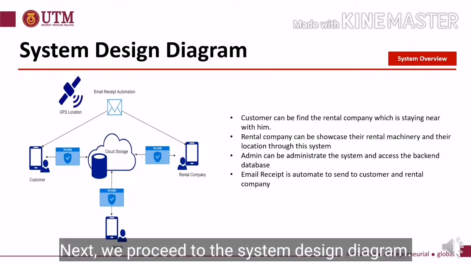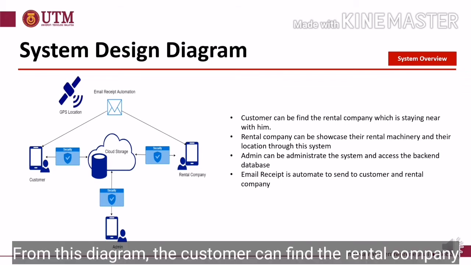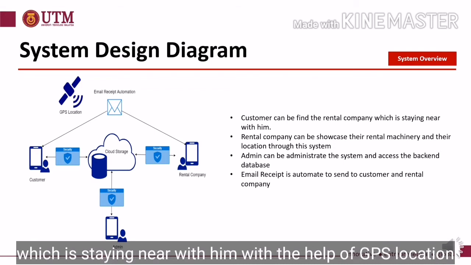Let us proceed to the system designing diagram. This is the system overview diagram. For this diagram, the customer can find the renting company which is nearer to him with the help of GPS locations.